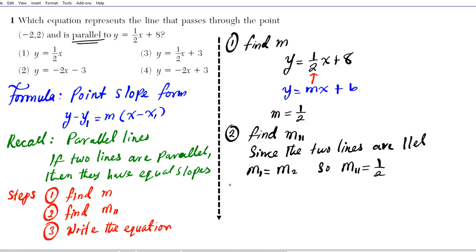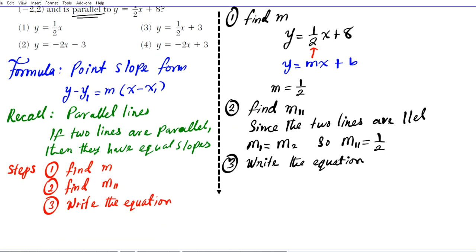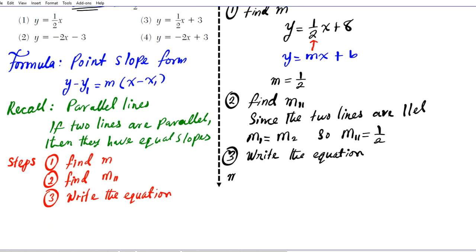Alright, now let's go ahead and execute the final step, which is to write the equation. Now if we want to write down the equation, we need the slope, m parallel to be specific, which we already know is 1/2, and then we have a point, -2, 2.